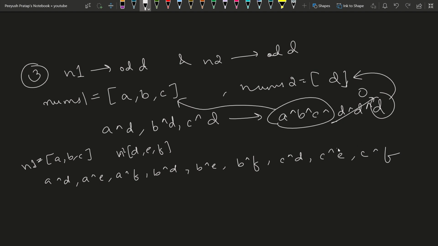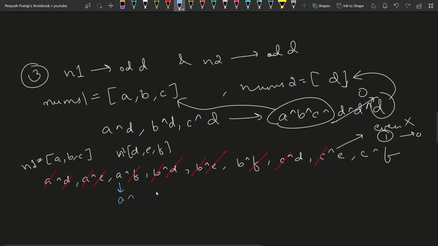What will happen? Even number of times cancel out, only one will be remaining, that will be odd. So let me prove it. The one that cancels out, I will say this A cancels this A, then this B cancels this B, then this C cancels this C. Similarly for D, this D cancels this D, and this E cancels this E. Now coming to F, this F cancels this F. What are we left with?